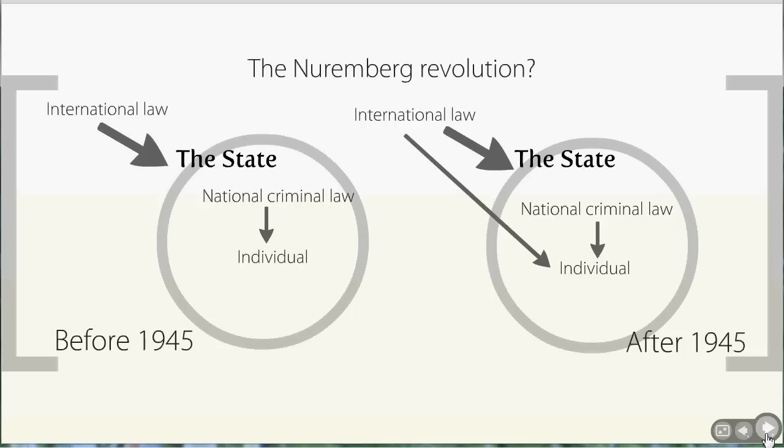After 1945, we typically say, well, international law doesn't stop with the state. In both human rights law and international criminal law, international law can reach through that hard shell of the state and affect individuals. Individuals can be defendants in international courts, and they also have rights under international human rights law.